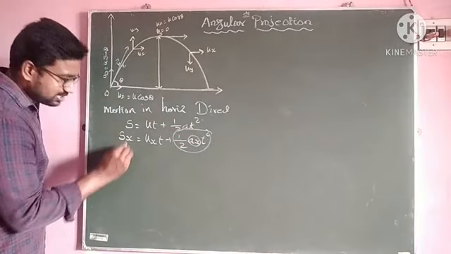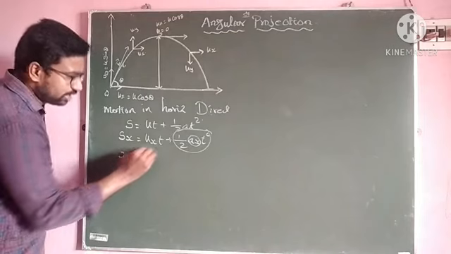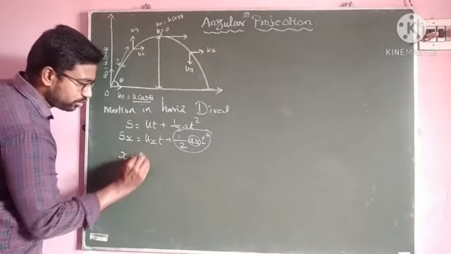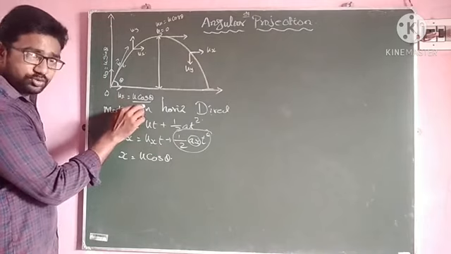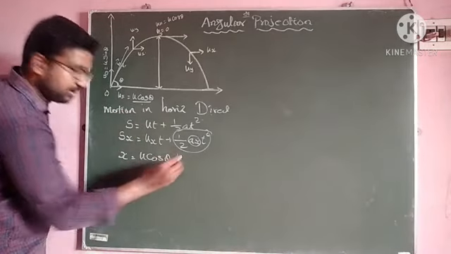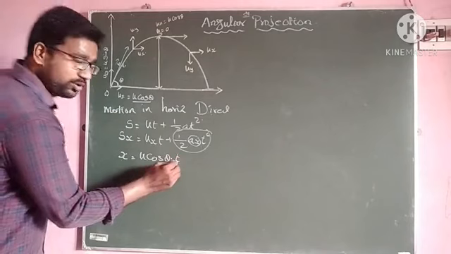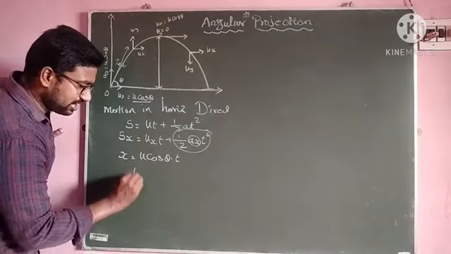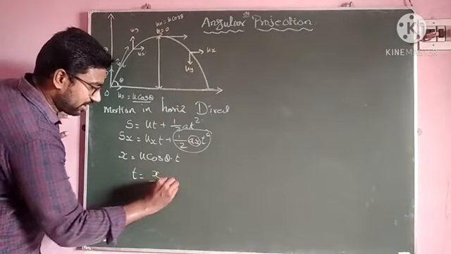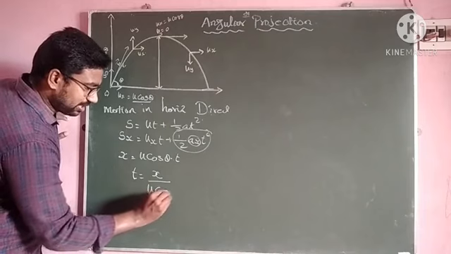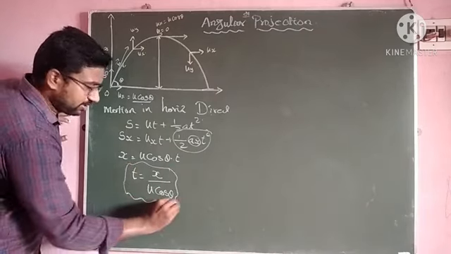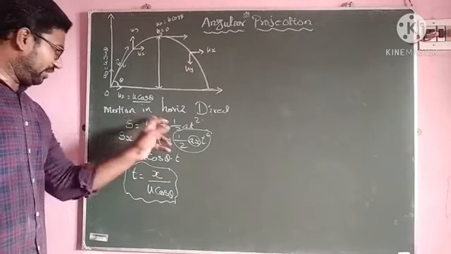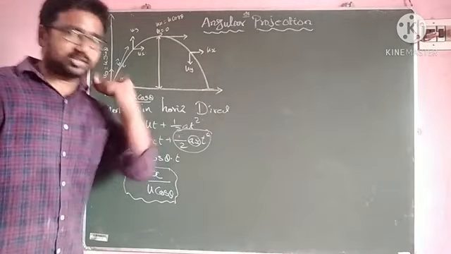Sx can be replaced by x and ux by u cos theta, so x is equal to u cos theta into t. For my future purpose, I am going to modify this as t is equal to x divided by u cos theta. So we found the motion in the horizontal direction.